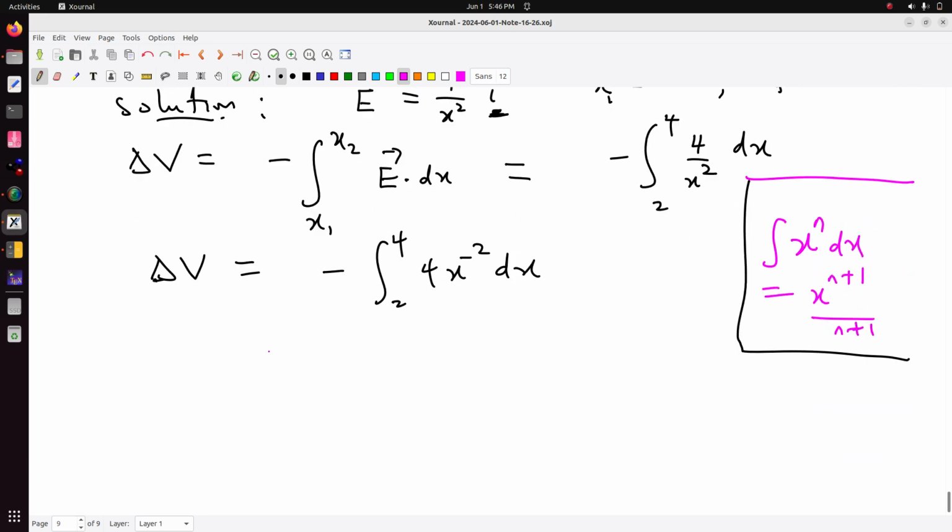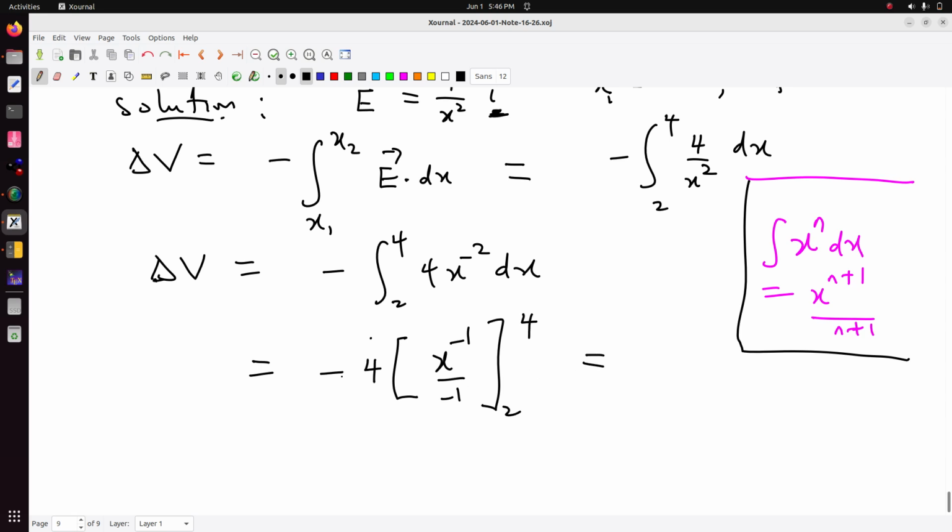In this case, 4 is there, then x raised to power minus 2, so n is minus 2, and minus 2 plus 1 is minus 1, so that will be x raised to power minus 1 divided by minus 1, from 2 to 4.